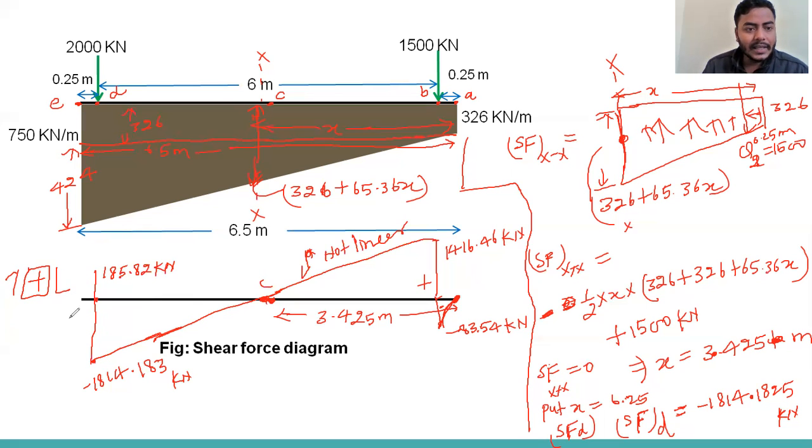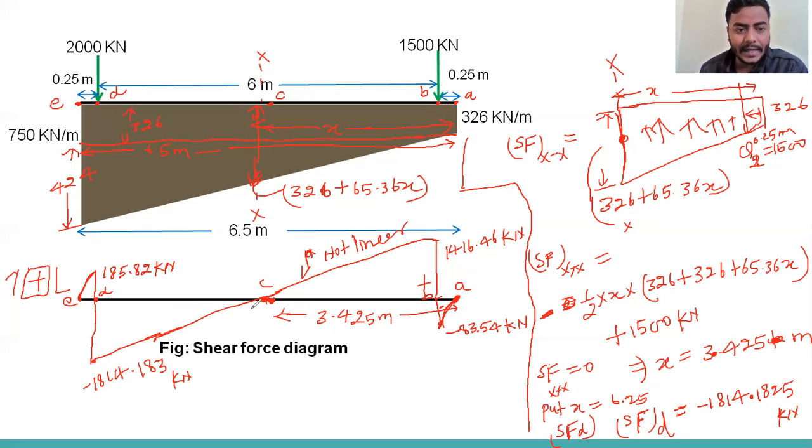So once you see at point D, the force is 0. So that will be like this. Okay. So this is the shear force diagram we have drawn. And you can see at the point D, this point is E. So at points D, C, and B, there is a maximum or minimum bending moment.